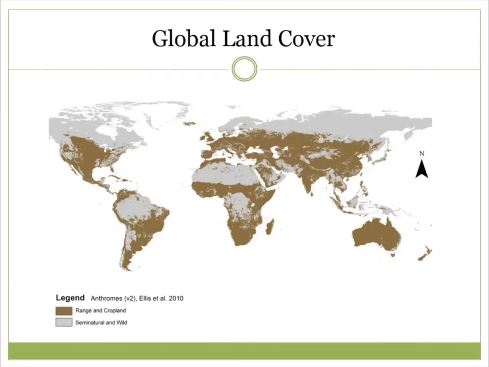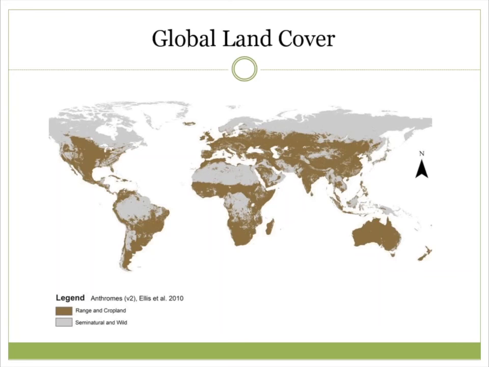A second reason that it is so important to work with farmers, and organic farmers in particular, is the fact that approaching 40% of terrestrial ice-free surface is dedicated to farming and food systems. This is a map of global croplands, with rangeland and cropland lumped together, but we can see the clear extent.